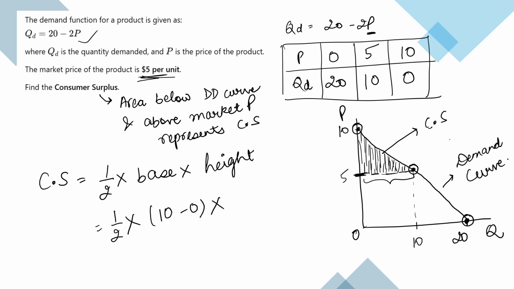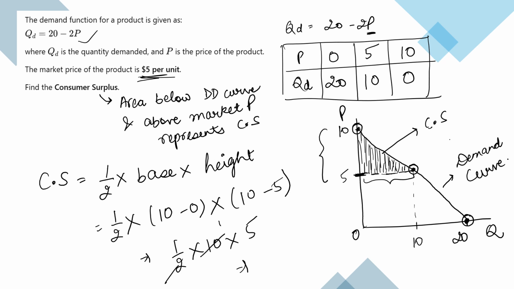And the height we measure from the vertical axis: 10 minus 5. When we do the calculation, half into 10 is 5, and 5 into 5 is 25, and these are in dollars. So our consumer surplus would be $25.